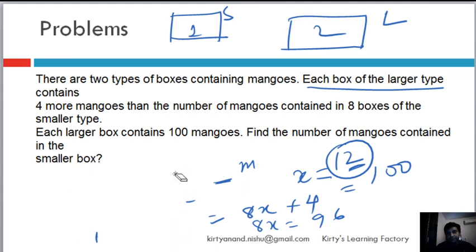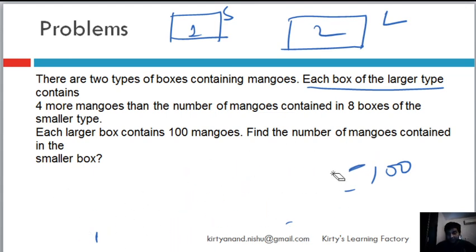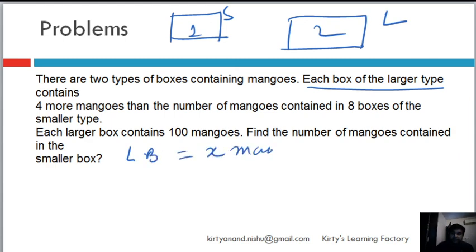Okay, now let me give you the same problem, now you can say that sir, you know, let's solve it in another way. Here what we said, that we assumed that x is the number of mangoes which are in the smaller box. Forget it. We will say that x is the number of mangoes which is in the larger box. Okay, so in the large box, how many mangoes are there? x mangoes.